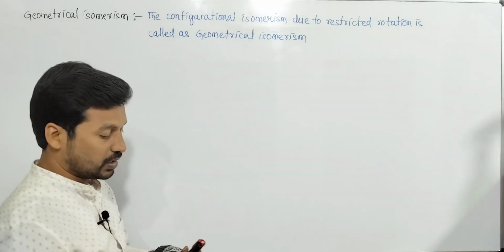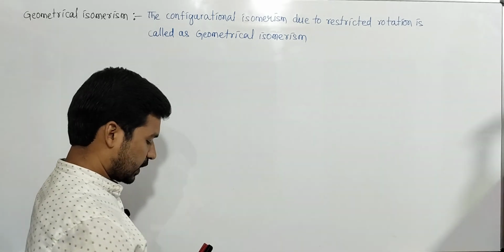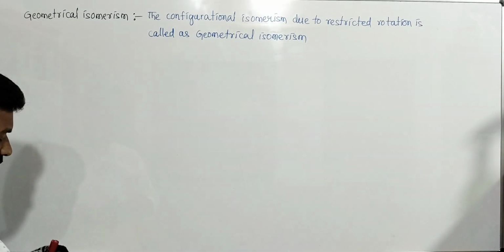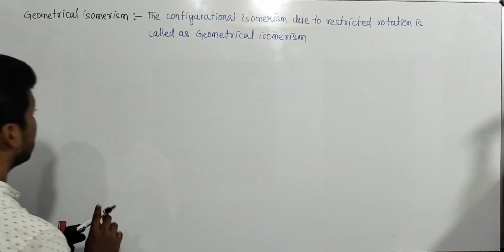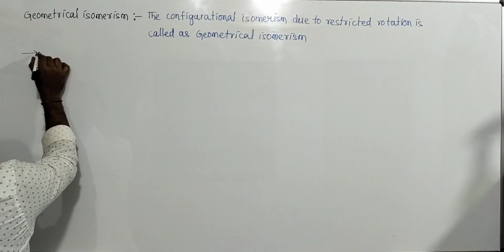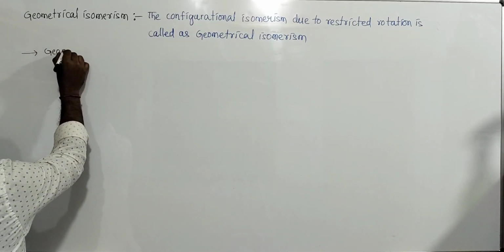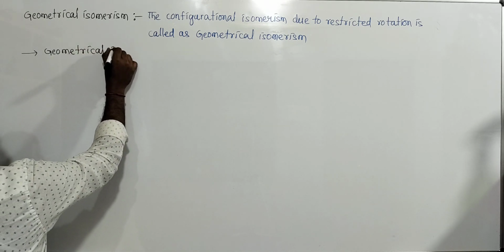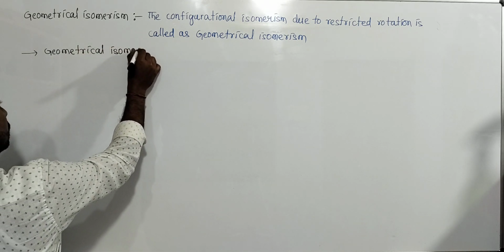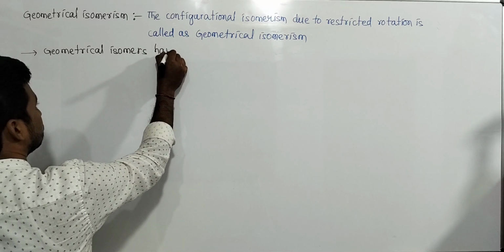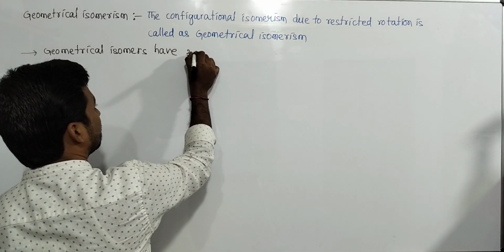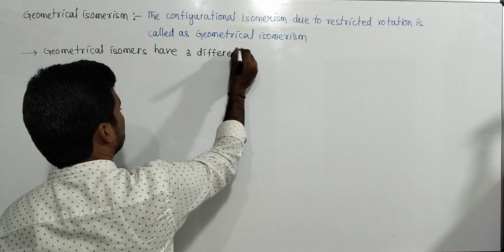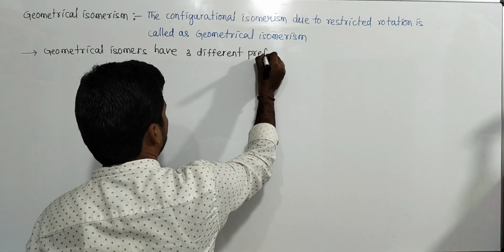Okay, geometrical isomerism is expressed in three different prefixes.